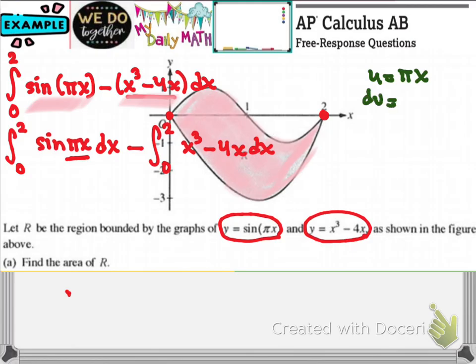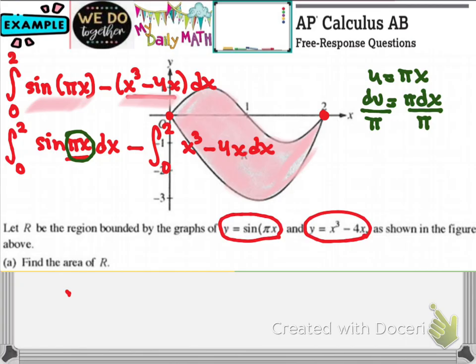The du is pi dx, but I don't see a pi dx here, aside from the angle, which has a pi x. We can't separate the sine and the angle because they go together, unless it's an equation where we can move the sine to the other side, making it an inverse. Okay, I'm going to divide this by pi on both sides. I just did something that made my graph smaller.